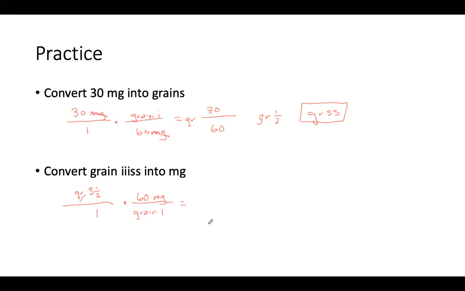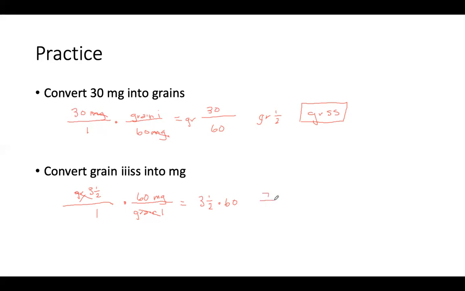So multiply straight across. So 3.5 times 60 over 1, right? Because 1 times 1 is 1. So 3 1/2 times 60. Our grains are going to cancel out, and we're left with milligrams. So first we have to convert this into an improper fraction. So 2 times 3 is 6 plus 1 is 7.